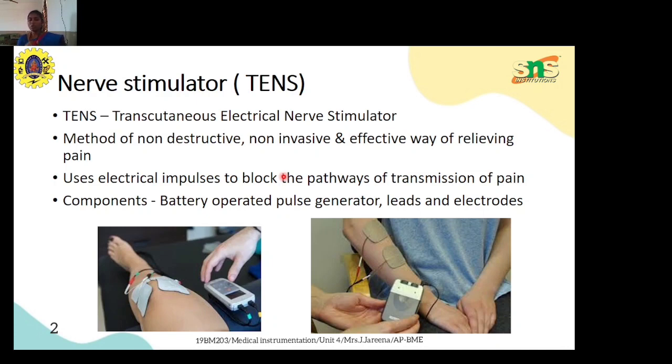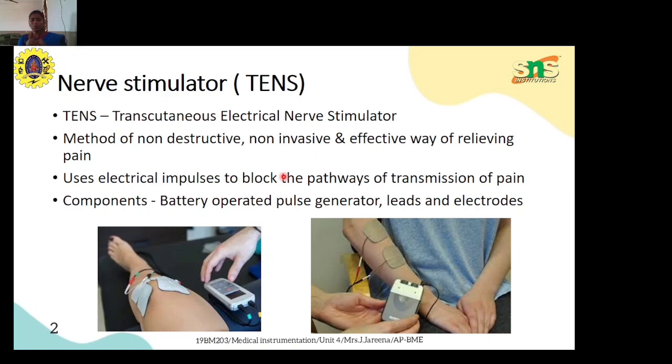The nerve stimulator sends an electrical impulse that blocks the pathway of pain transmission. That way we prevent the pain signal from reaching the brain, so that the brain will not give back the information of feeling pain. This is the main principle of the nerve stimulator.